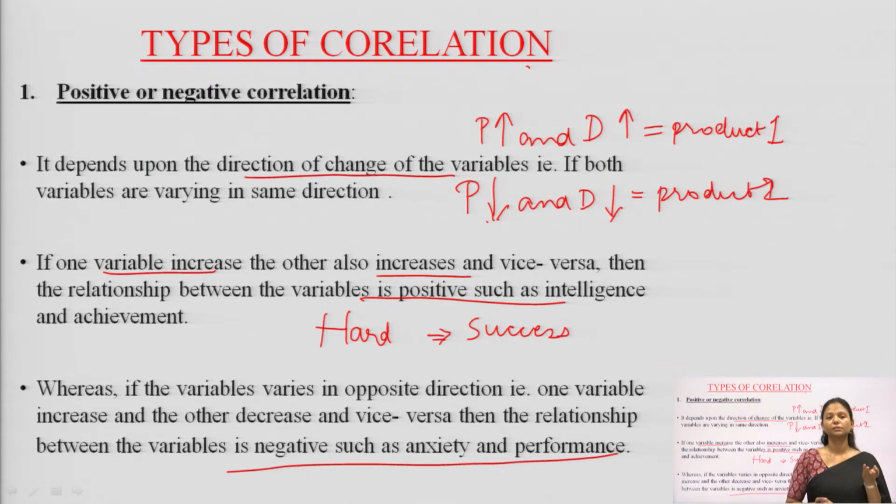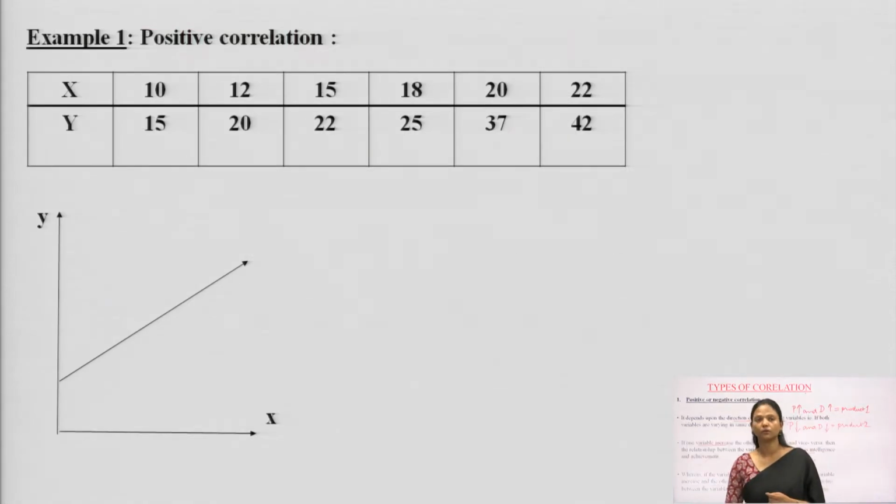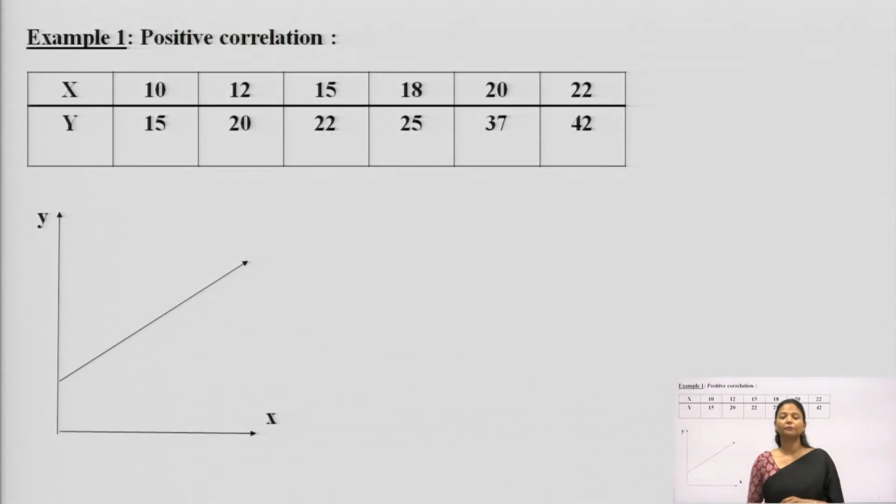The anxiety in a person increases and the performance decreases. But if the person is not very anxious, the performance will start improving. Thus, this kind of relationship, when one is increasing and the other is decreasing, is called a negative correlation.